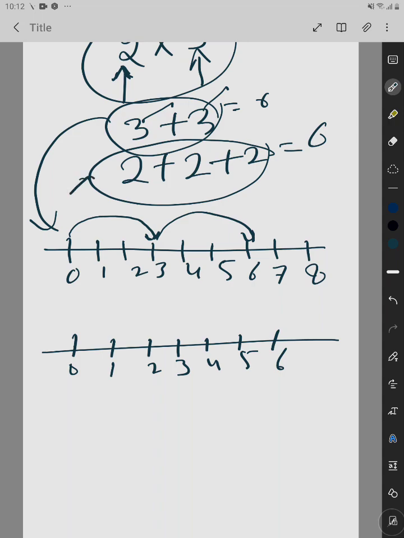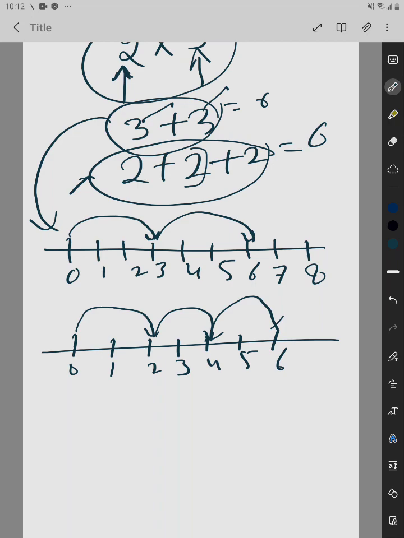Now we'll solve like this. First we will take 2, then another 2. Now you can see we are jumping 2 points because we are adding 2, not 1, and we have come to 6 like this. So this is the concept through which we need to solve it, okay. I think you got my point.